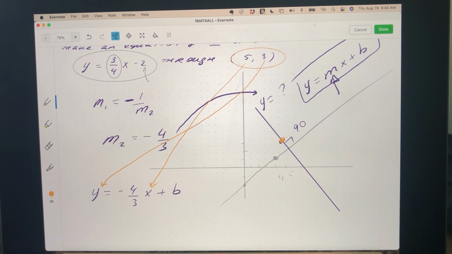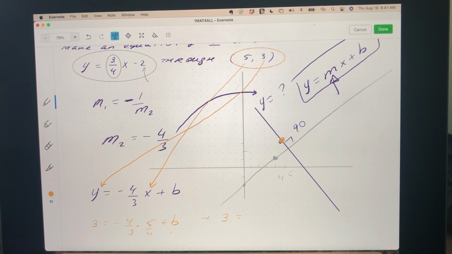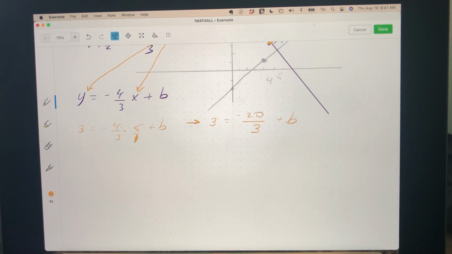So y is 3, the x is 5, plus b, so that means 3 is -4/3 times 5 over 1, which is -20/3, plus b. To cancel -20/3, we add it to both sides. We get 3 plus 20/3 is b.